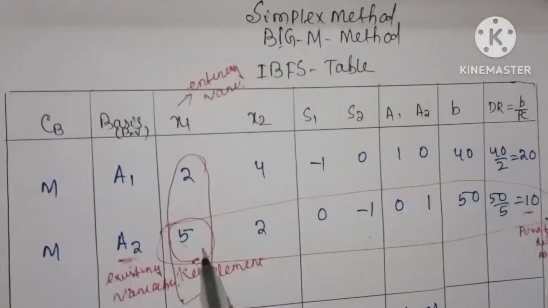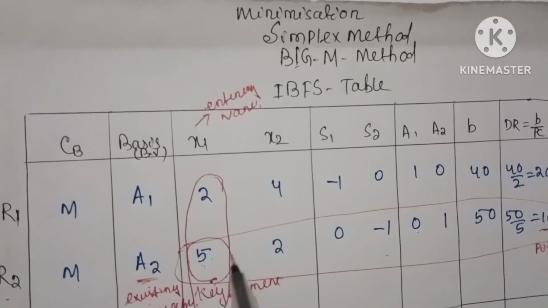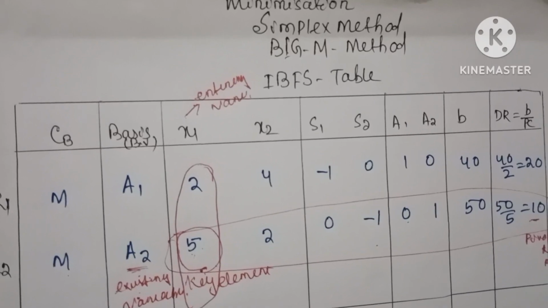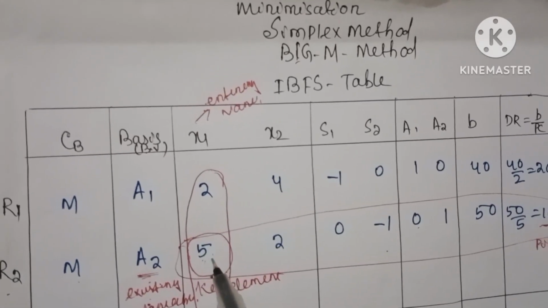If we multiply 5 by 1 by 5, the key element will become 1.